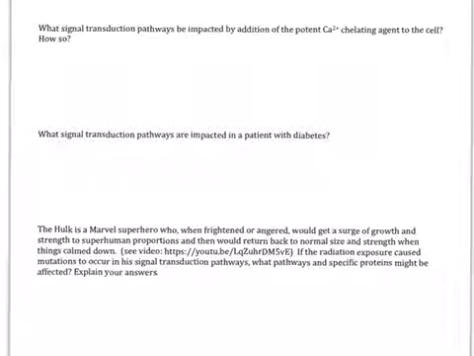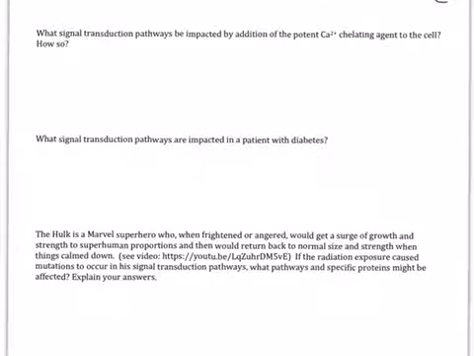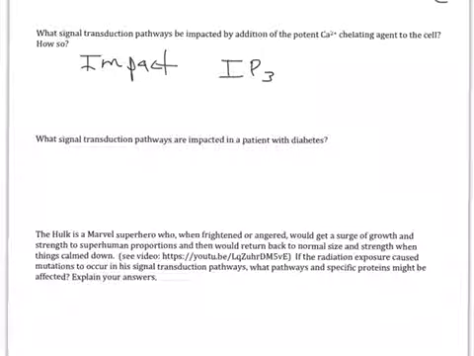So if we think about where we've talked the most about calcium, in terms of the material covered in this class, this would impact the phosphoinositide pathway. That's the one that has IP3. And if you remember, we start off with PIP2, right?